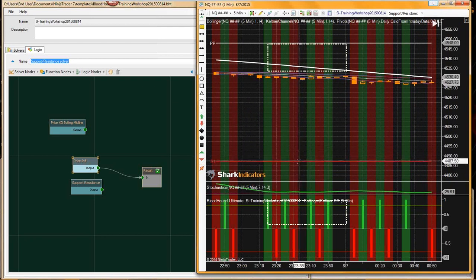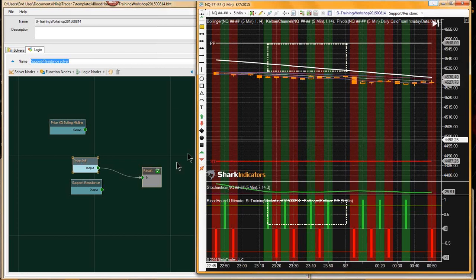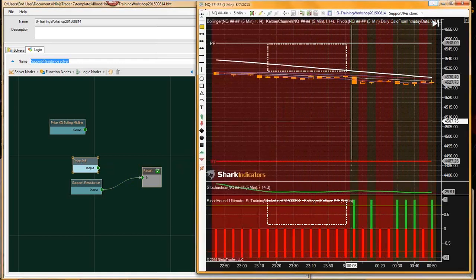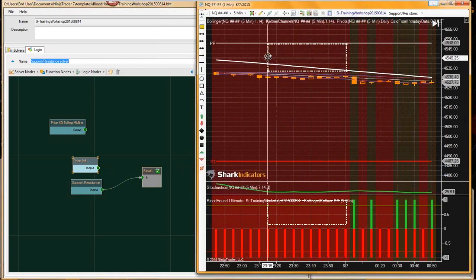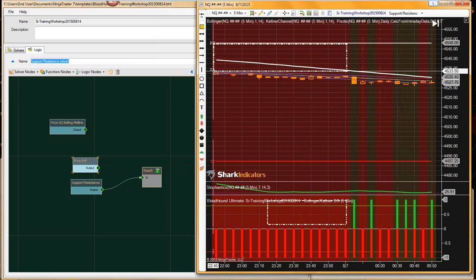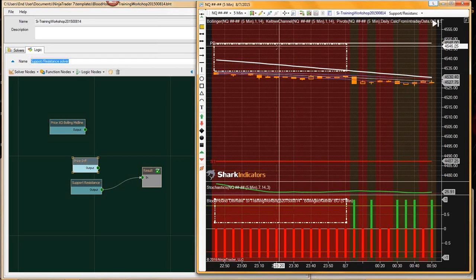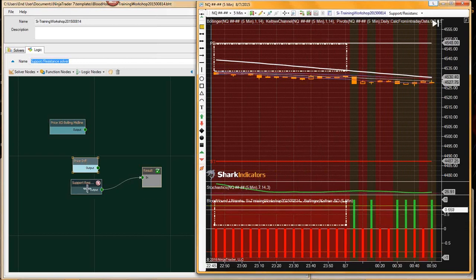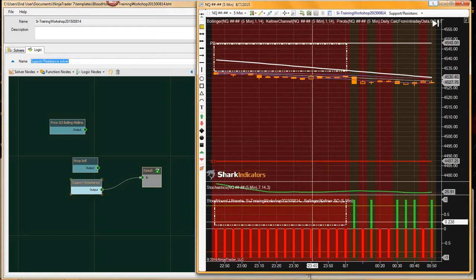All right, so we can see S1 and our pivot point line up here. So remember the rectangular area, actually let's stretch this out here. This is the area where price is too close to the pivot point line, right? And so this support resistance solver is missing the long signals here.